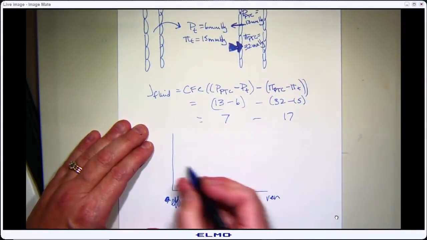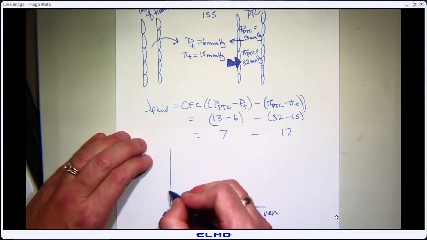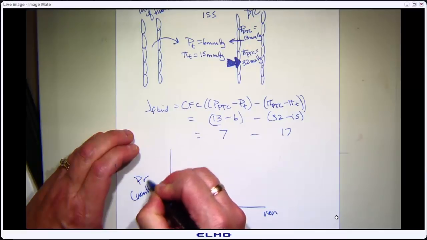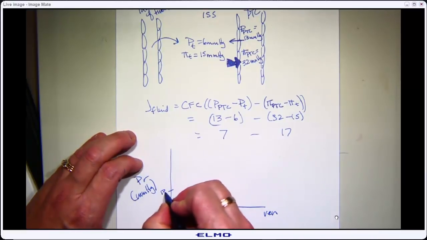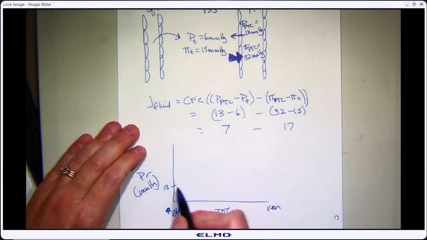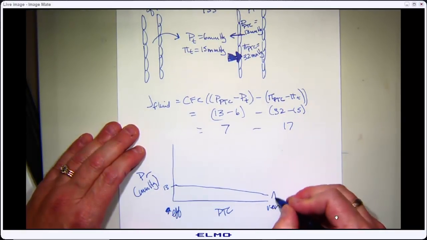If we have in the blood a hydrostatic pressure of 13, so this is pressure in millimeters of mercury. Okay, if we started out at 13, we know pressure has to drop across this capillary bed towards venous pressure, right? So across this capillary bed, we should actually see delta P drop.